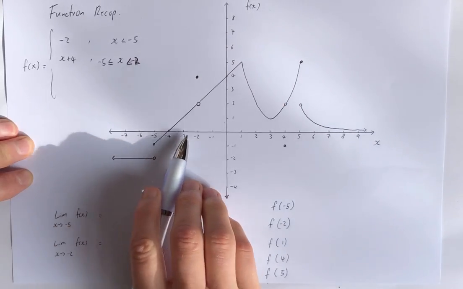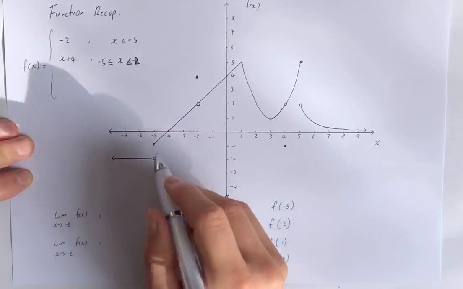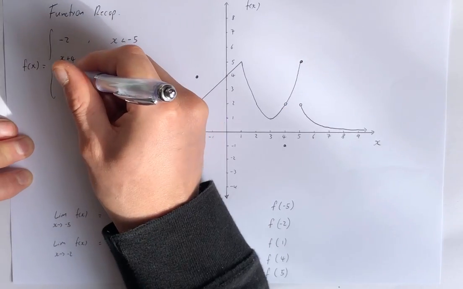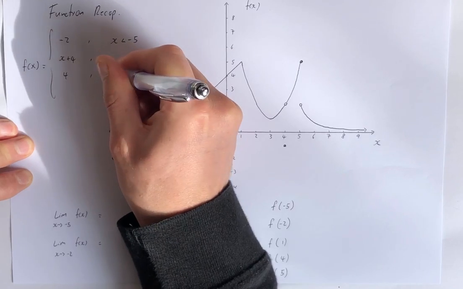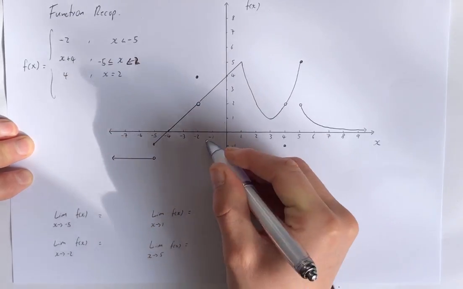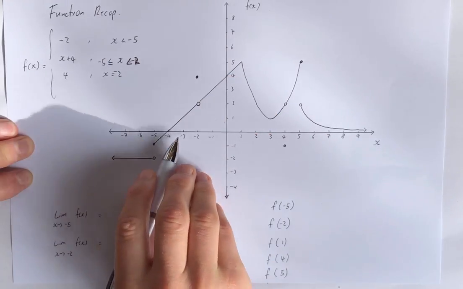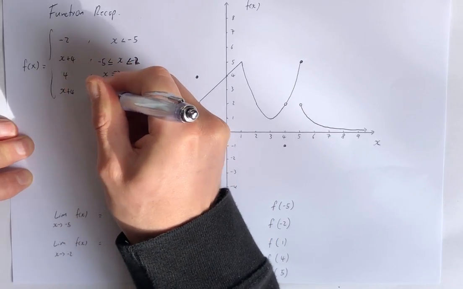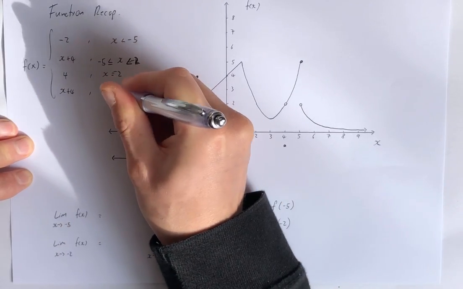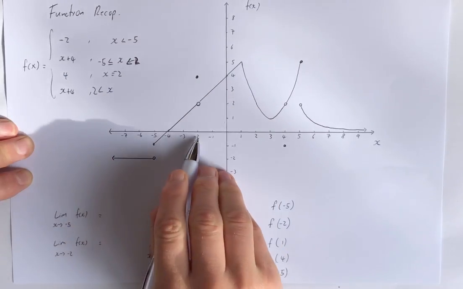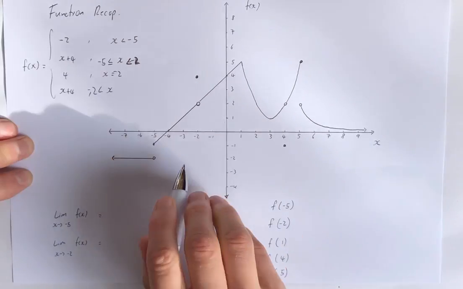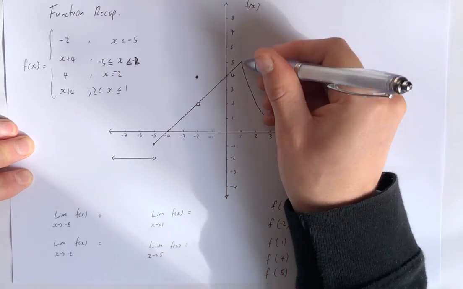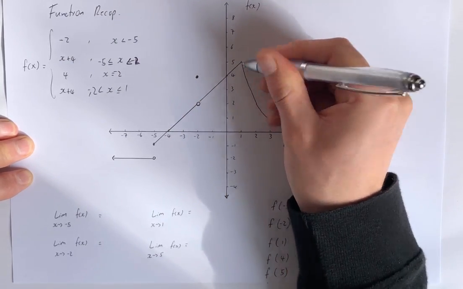So from -5 to -2, it's that straight line x plus 4, and then it is equal to 4 when x is equal to -2. So when x is equal to -2, it's actually equal to 4, and then it's x plus 4 again when x is greater than -2 and less than or equal to 1, because it is actually defined at that point.